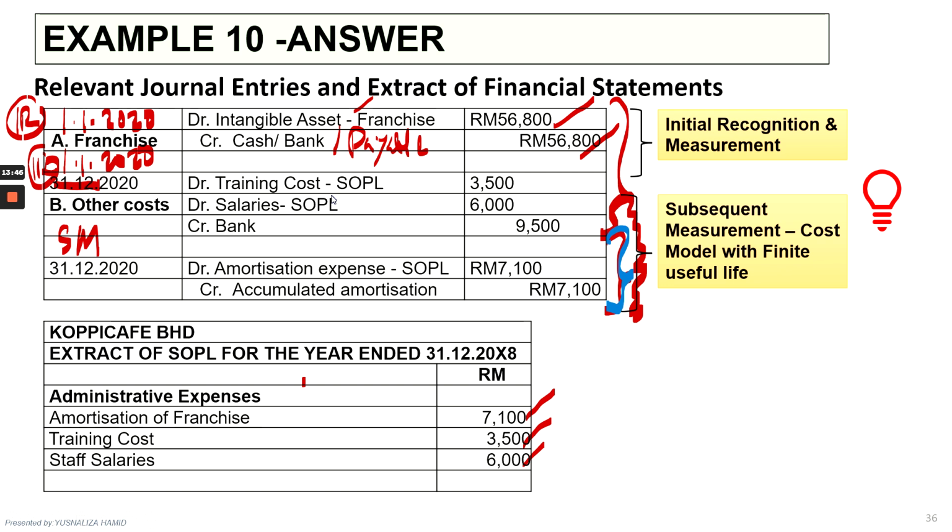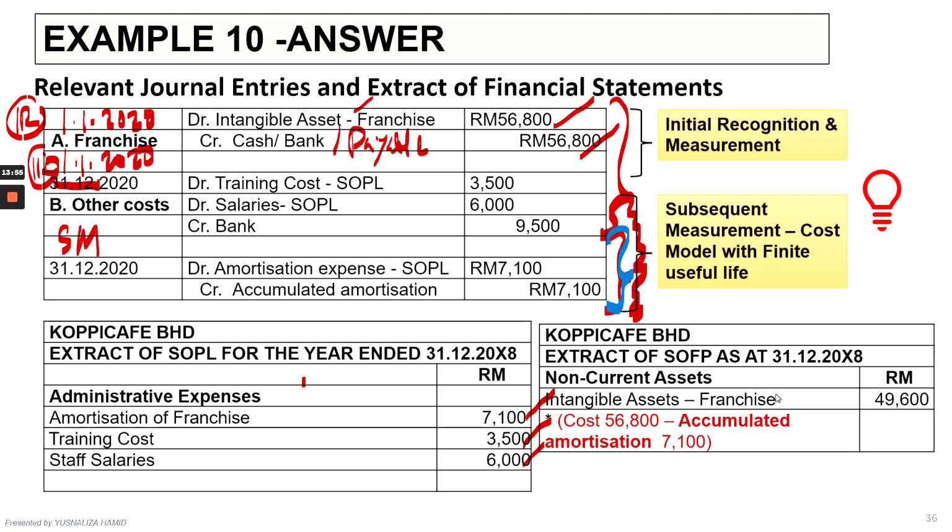And for the amortization expense of 7,100, that has been provided by the company. And this is the impact in the statement of financial position, the extract, and you are showing this at the carrying amount. And remember, this is for cost model.